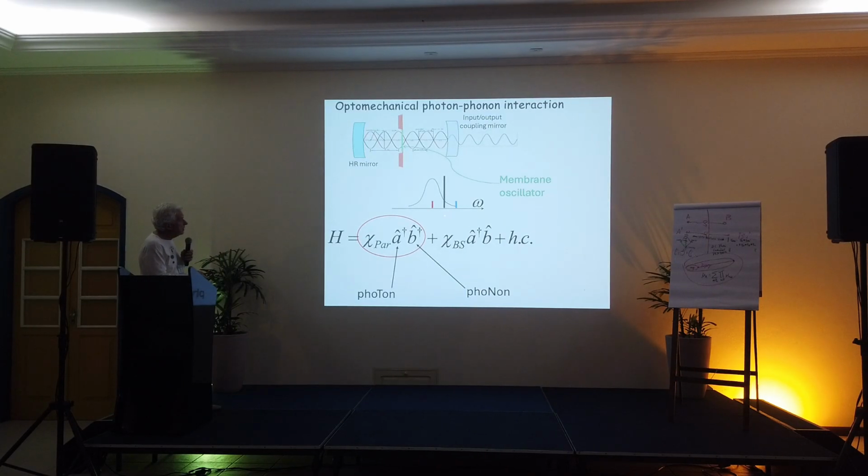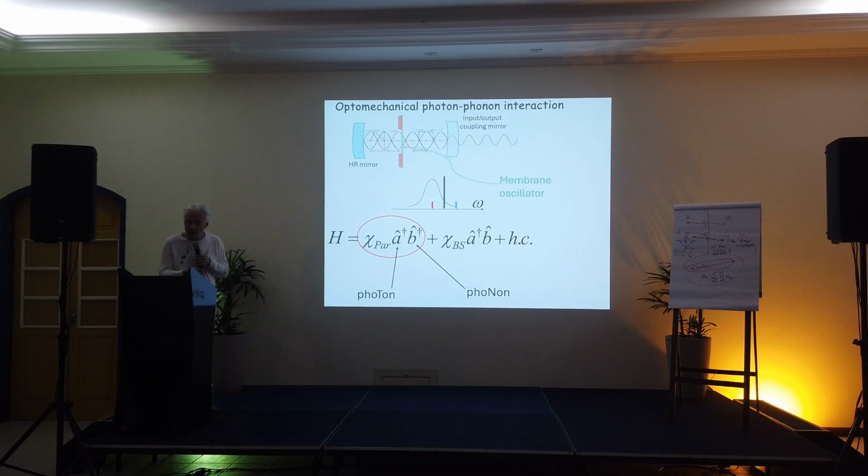So, if we look at it from the quantum mechanical perspective, then if we have the laser detuned in this direction, this sideband is in resonance with the cavity and it's very happy, and this one is out of resonance and it's not happy.